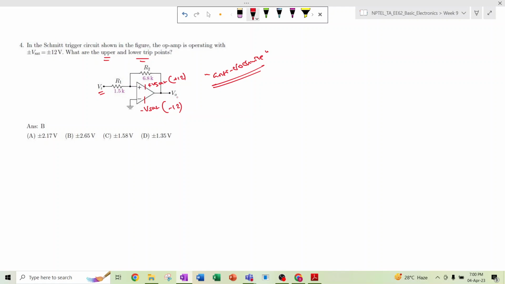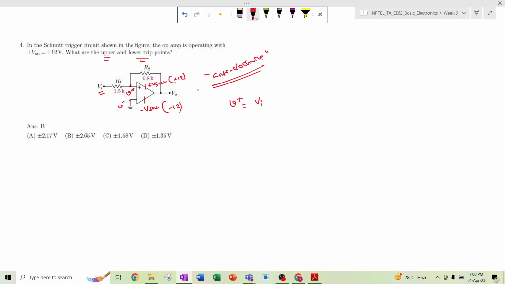So how to solve the problem? I have already solved this, so the process is the same. Here the V plus is basically this Vi input voltage. If we apply the voltage division rule and superposition, at first we consider VO to be 0. This is V plus, and this voltage is V minus.